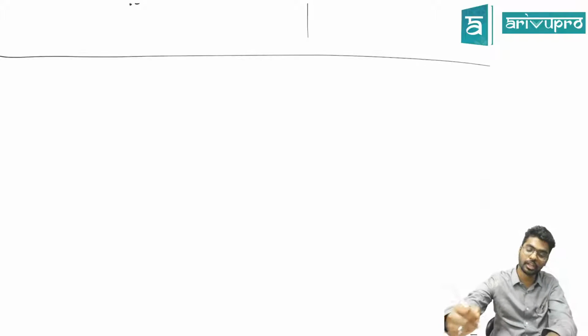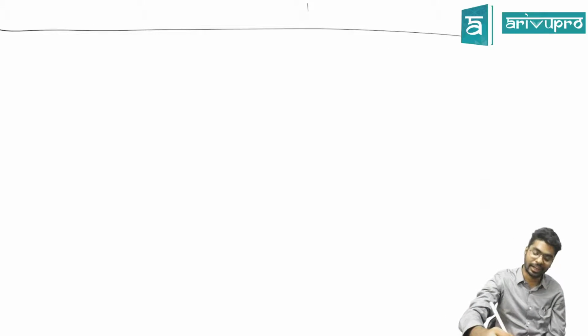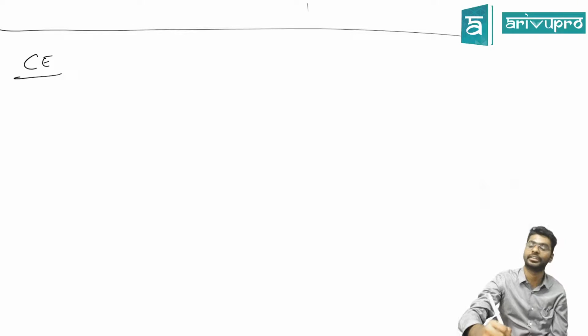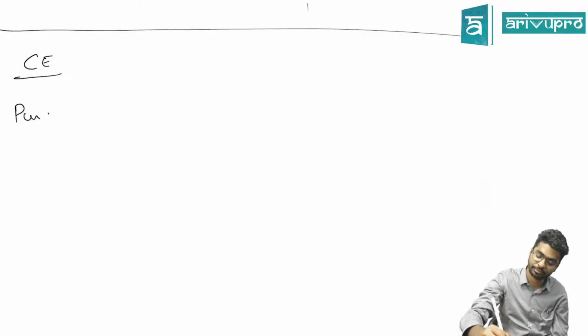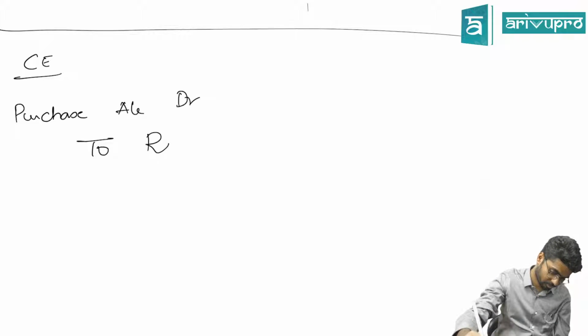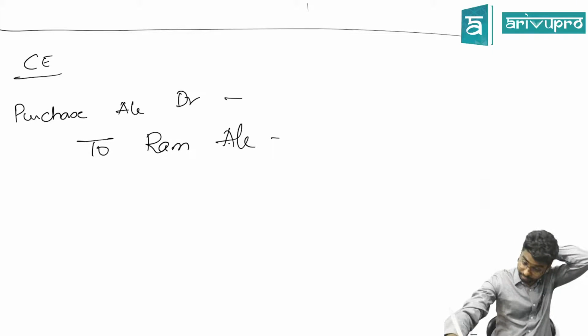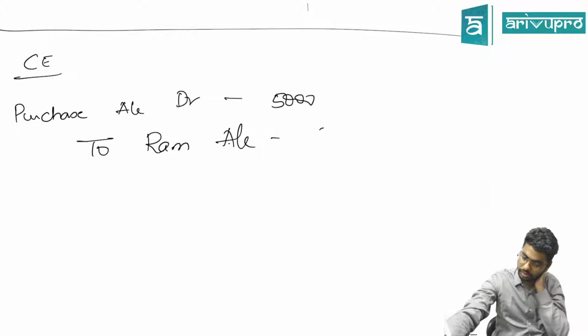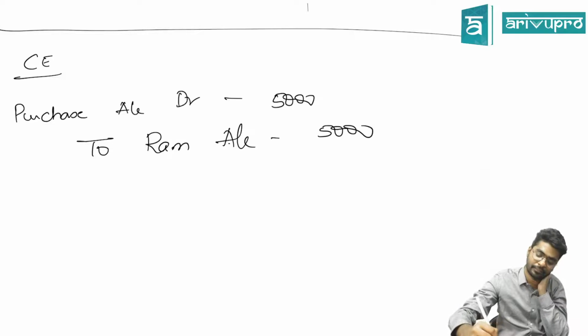Okay, what was the wrong entry? Sorry, right. Always let's write the correct entry first. Correct entry was what? Purchase account. How much was it? What was the wrong entry?